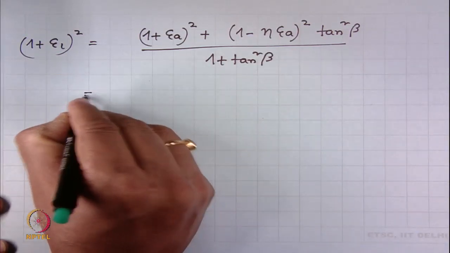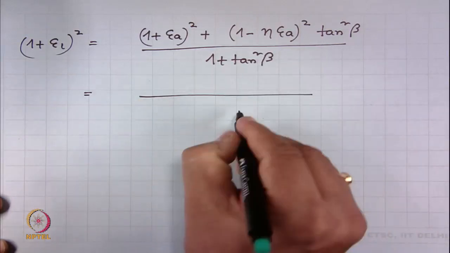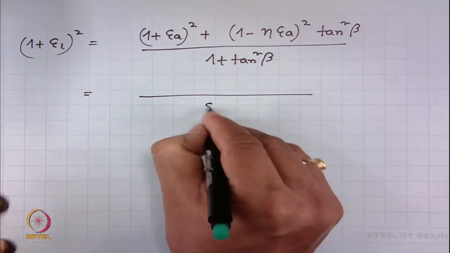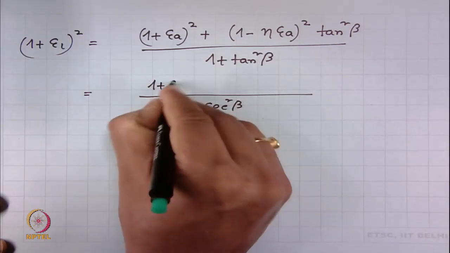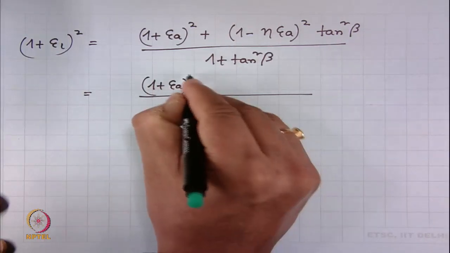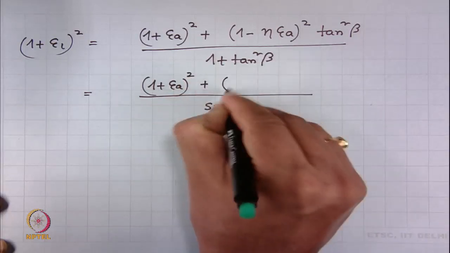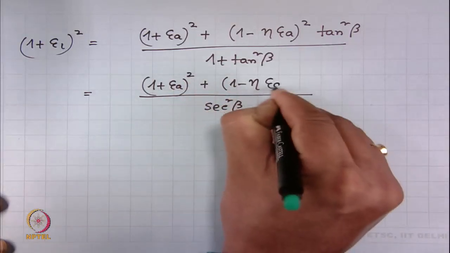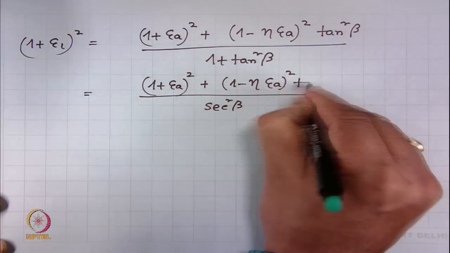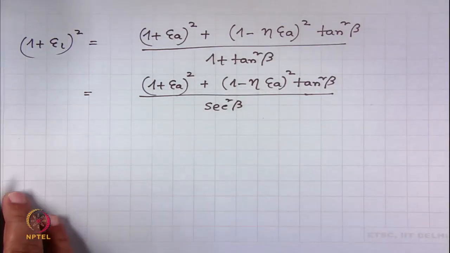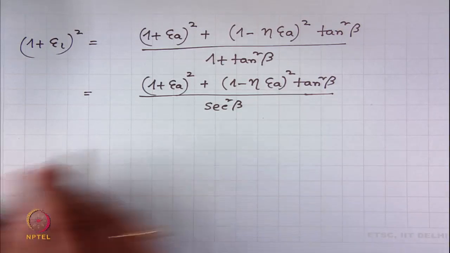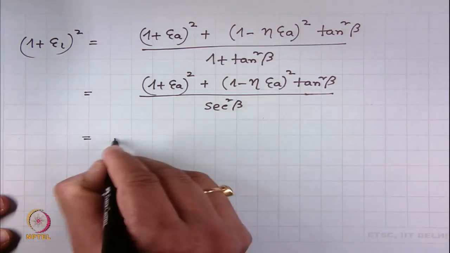So, 1 plus tan square beta is sec square beta. We do not change the numerator. One by sec square beta is cos square beta.